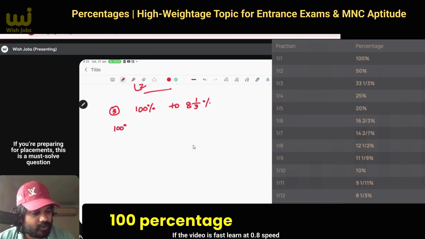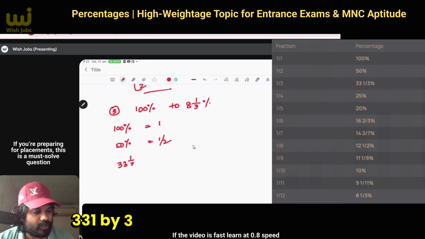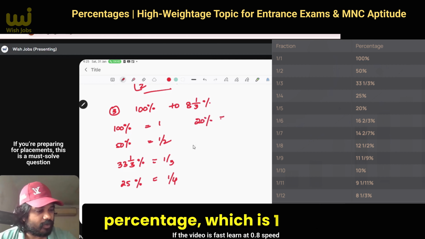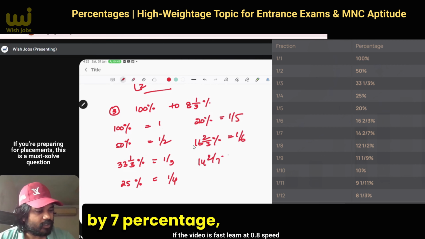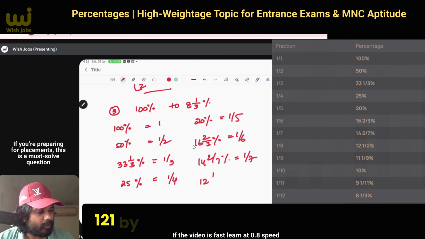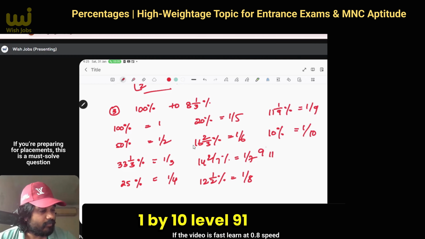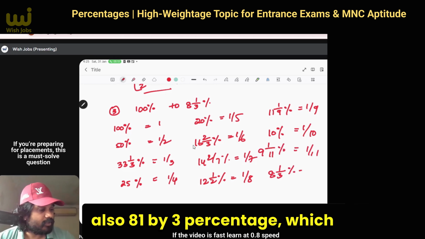That is 100 percent equal to 1, 50 percent equal to 1 by 2, 33 1 by 3 percent, which is 1 by 3, 25 percent, which is 1 by 4, 20 percent, which is 1 by 5, 16 2 by 3 percent, which is 1 by 6, 14 2 by 7 percent, which is 1 by 7, 12 1 by 2 percent, which is 1 by 8, 11 1 by 9 percent, which is 1 by 9, 10 percent, which is 1 by 10, 9 1 by 11 percent, which is 1 by 11, and also 8 1 by 3 percent, which is 1 by 12.